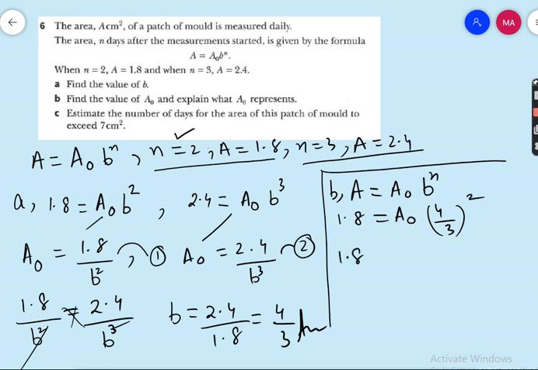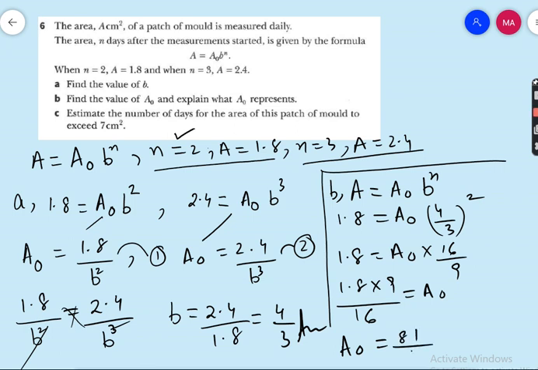So 1.8 equals A naught times 4 upon 3 square, which is 16 upon 9. Multiply 1.8 by 9, and this 16 should be divided. A naught, after simplifying with the help of calculator, the answer is 81 upon 80. This is an answer, but not the complete answer, because there is another requirement.